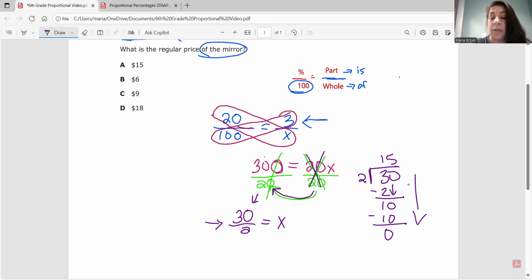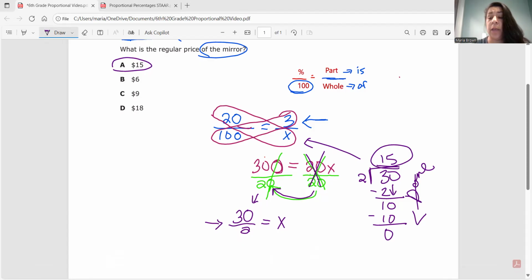There's nothing else to bring down, so I am done. As you can see, the original price of the mirror, which was x, the whole, is $15. Hopefully that helps. Go back and look at video 1 and 2 if you need a refresher on that.